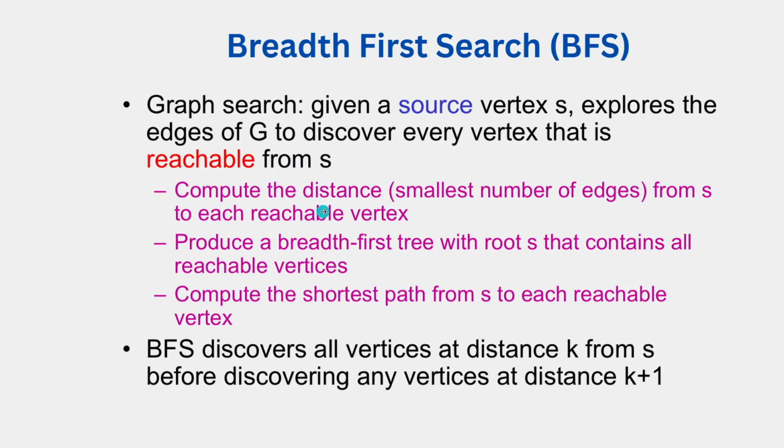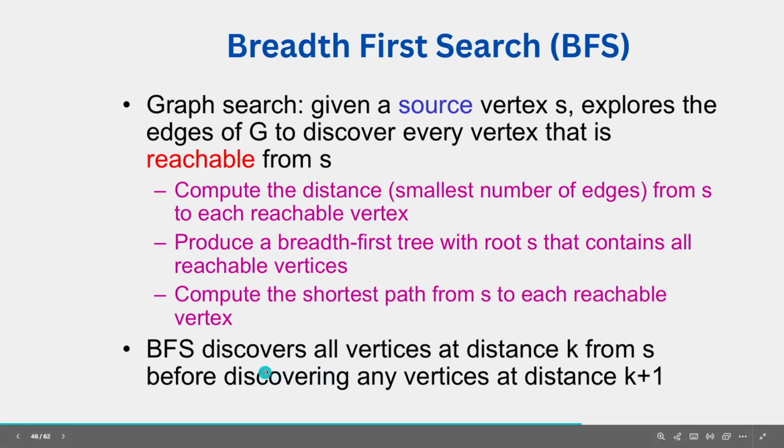We compute the distance from S to each reachable vertex, and the result of a breadth first search is a breadth first tree with the start vertex as root, containing all other vertices that are reachable from it. We can also compute the shortest path from S to every other reachable vertex. So, the result of breadth first search is a tree, and we call that tree a breadth first tree.